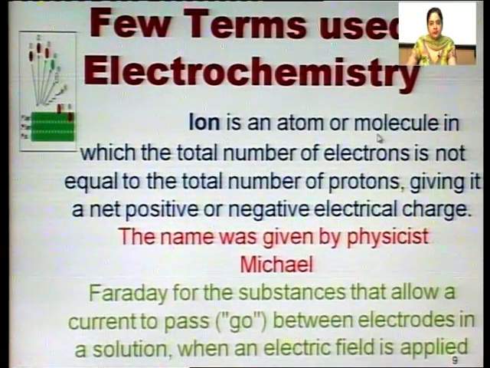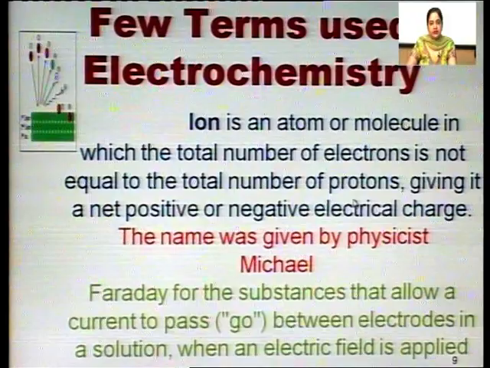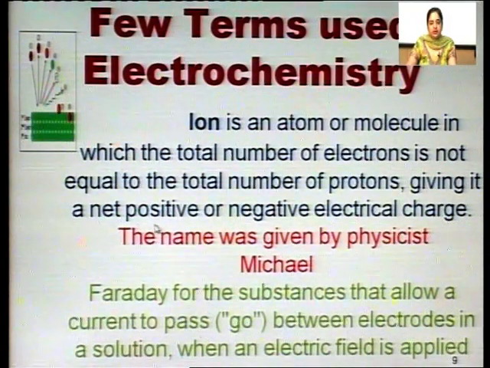Ion is an atom or molecule in which the total number of electrons is not equal to the total number of protons, giving it a net positive or negative electrical charge.